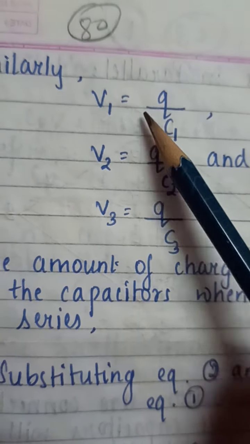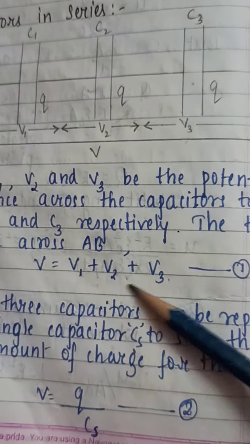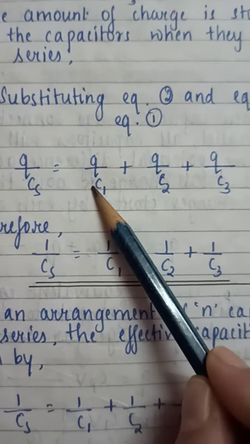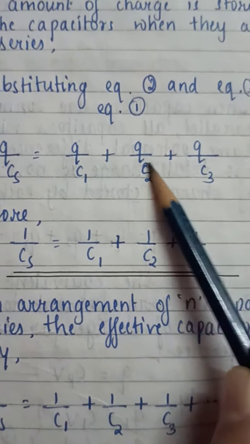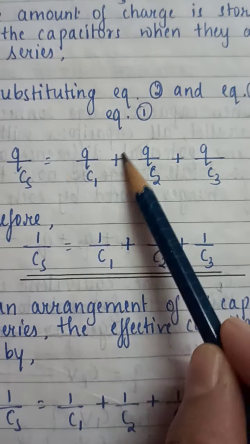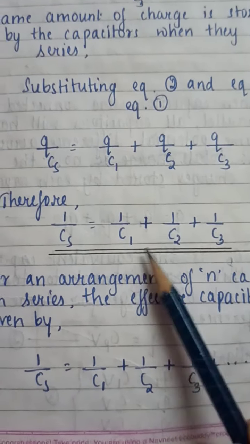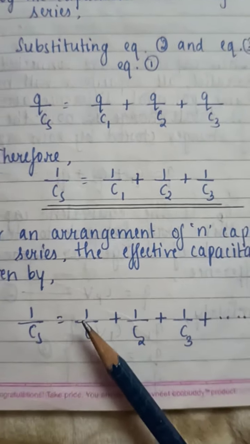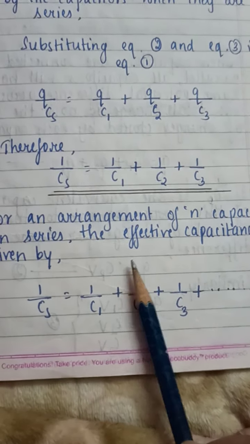These expressions we will put in the first equation and you will get Q by CS equals Q by C1 plus Q by C2 plus Q by C3. From here we take common Q and it cancels out, and the final expression is 1 by CS equals 1 by C1 plus 1 by C2 plus 1 by C3. This is the effective capacitance in case of series capacitors.